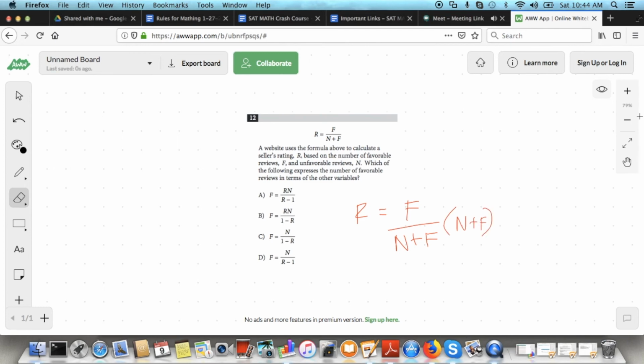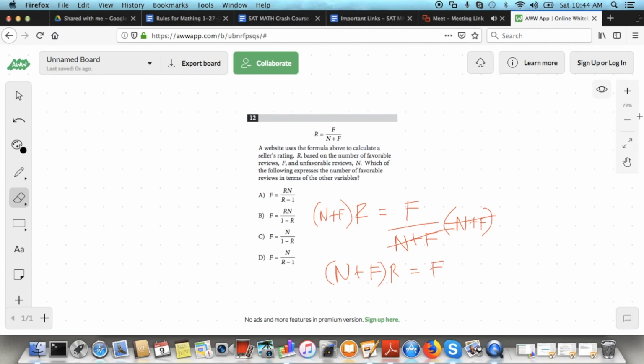In fact, I'm showing you why plugging in values is so much better than doing the crazy complicated algebra. Multiply both sides by N plus F, and that cancels out the denominator on the right-hand side. And we've got N plus F times R equals F.